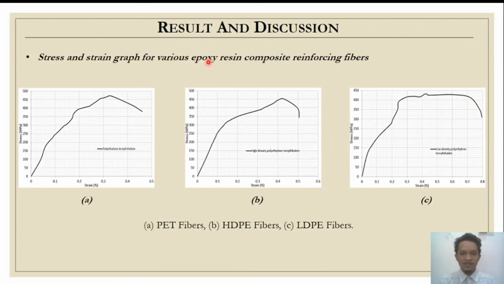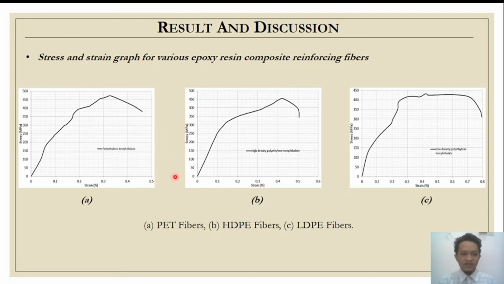Stress and strain graph. The following are the tensile strength graphs of PET, SDPE, and LDPE obtained from the FEA simulation. Based on the graph, the maximum stress value of the PET composite is 471.06 megapascal and the maximum strain value is 0.461%.